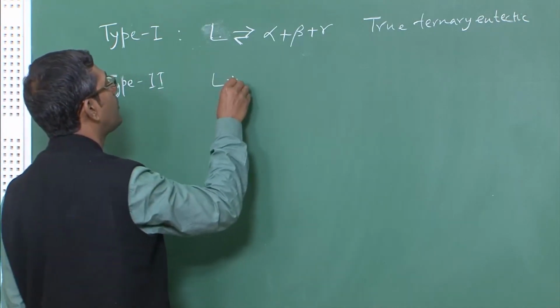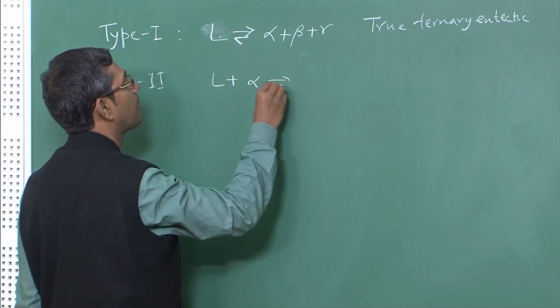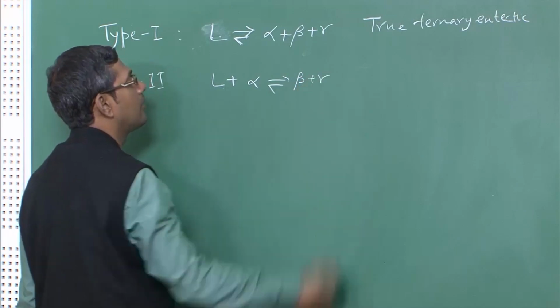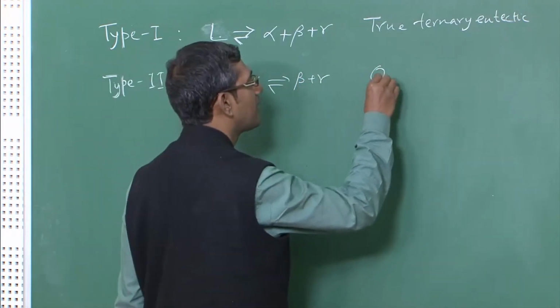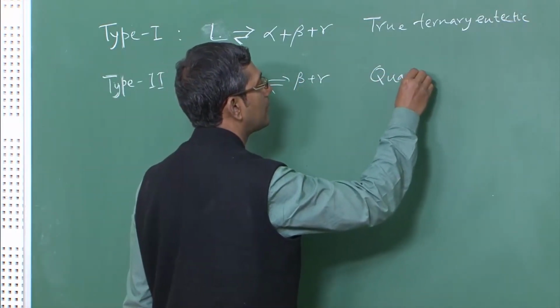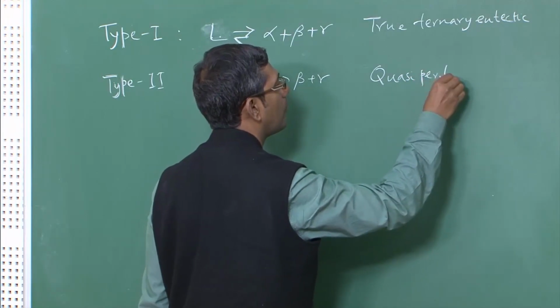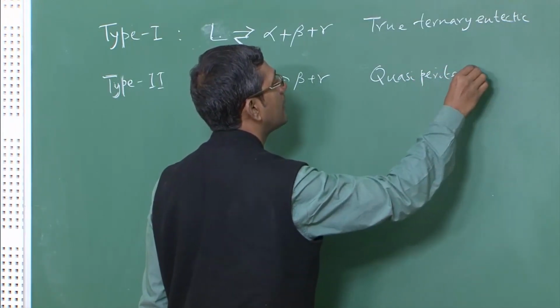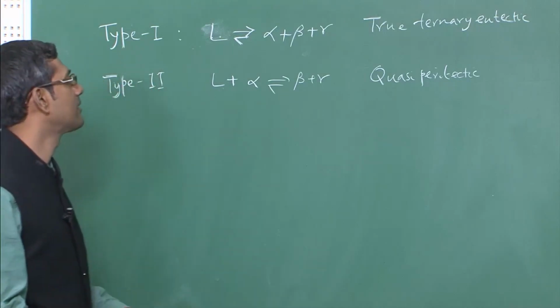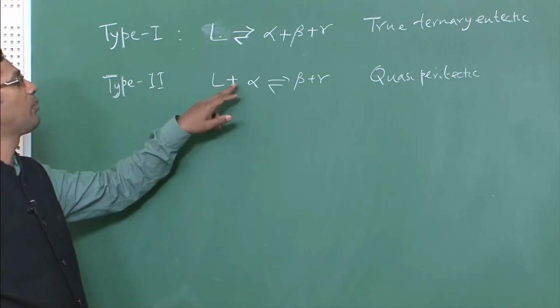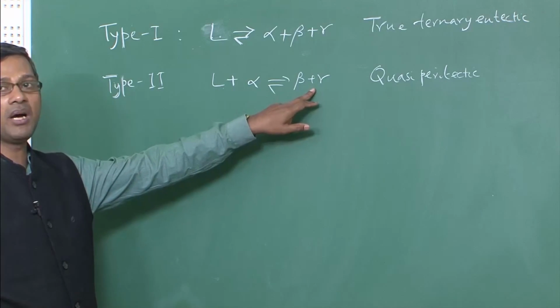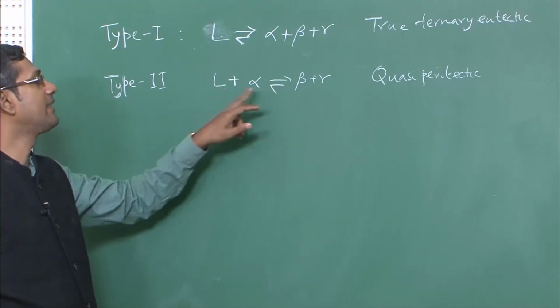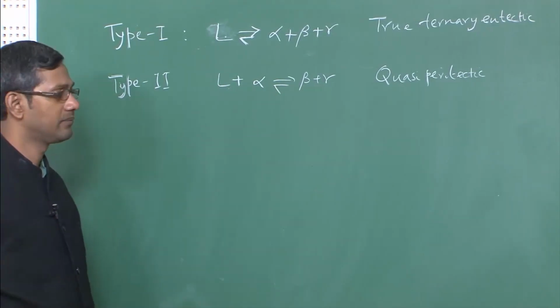Type 2 is written like this: liquid plus alpha going to beta plus gamma. This is known as quasi peritectic. Why is it known as quasi peritectic? It can be a eutectic, liquid going to alpha plus beta, or it can be peritectic, liquid plus alpha going to beta.